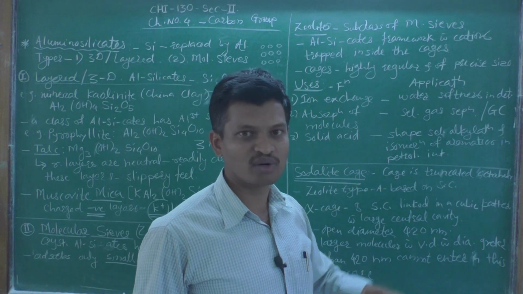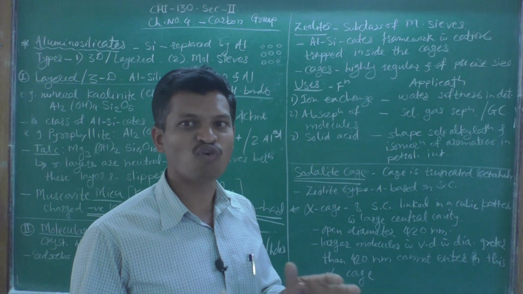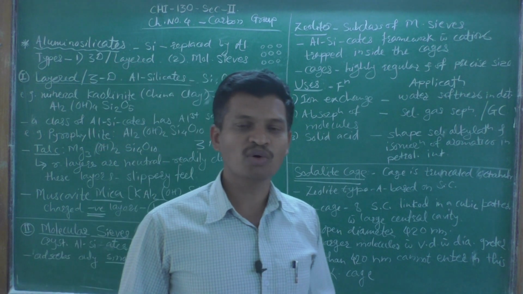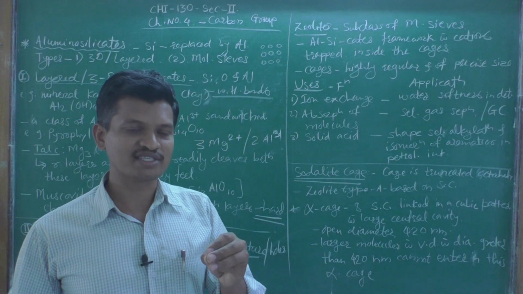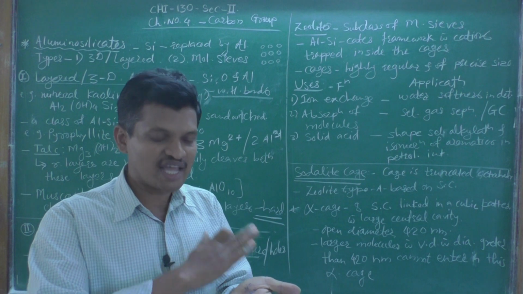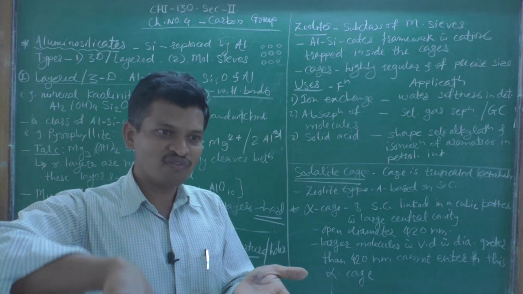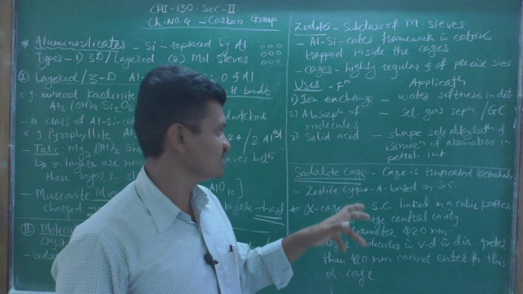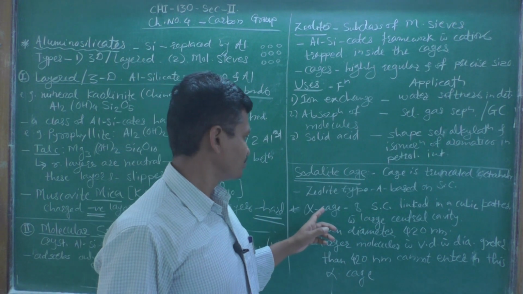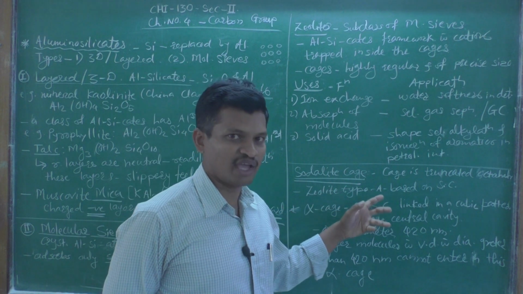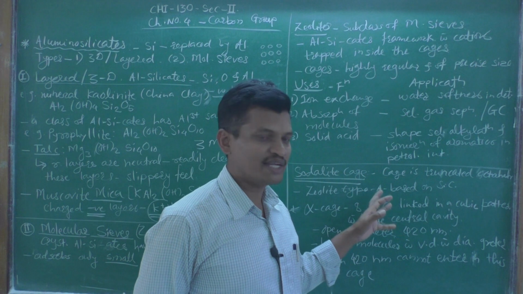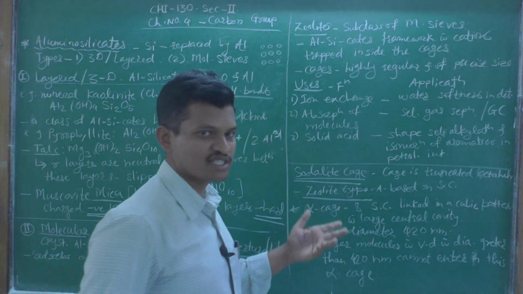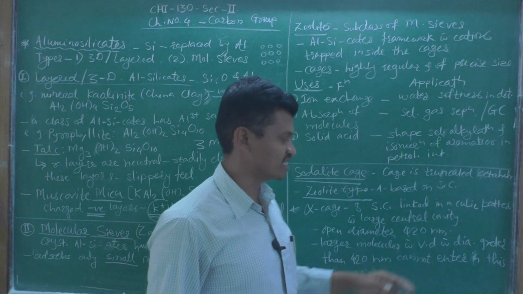How is that truncated octahedron cage formed? When all the vertices of an octahedron get sliced, the resulting cage is known as the sodalite cage. Zeolite type A substances are based on this sodalite cage, that is, they have sodalite cages.